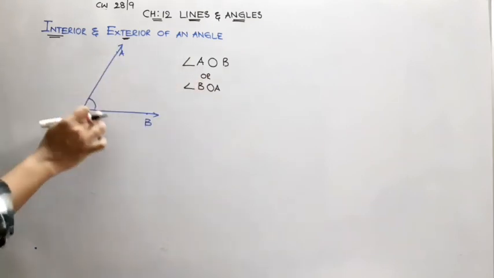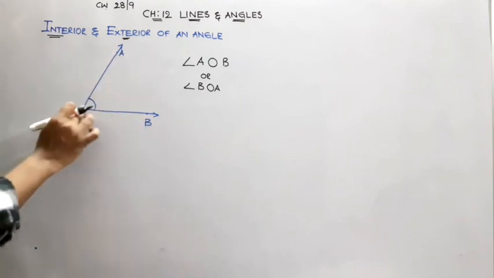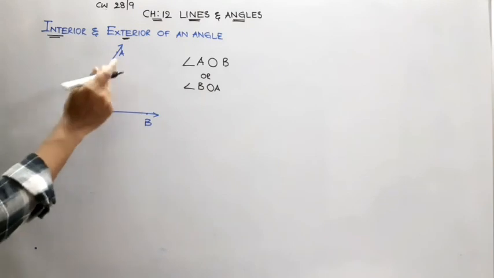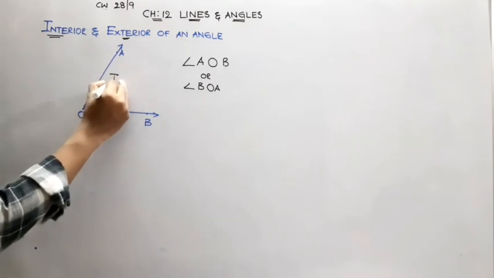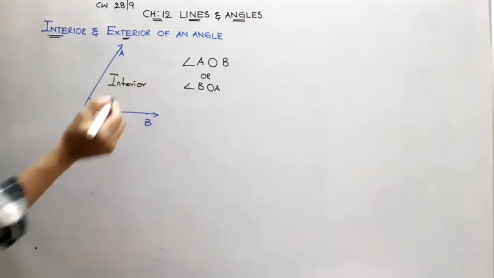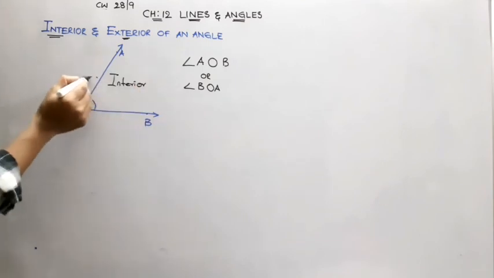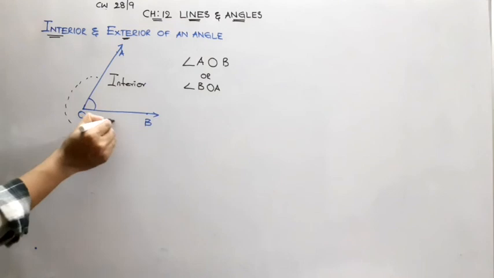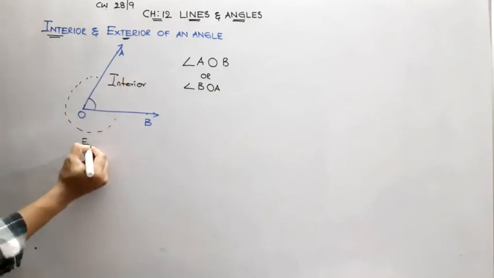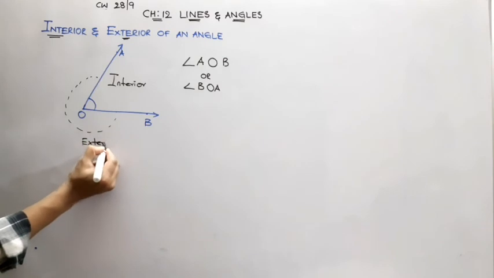In this angle AOB or angle BOA, we have something inside, isn't it? This area we call the interior of the angle. And this area which is outside the angle we call the exterior of the angle.